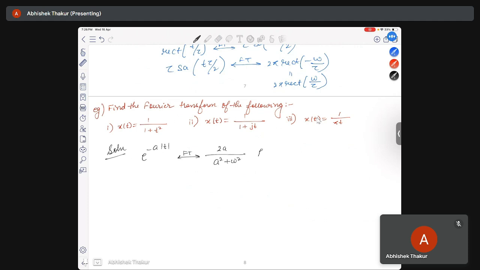And let's take a equal to 1. So in that case, e^(−|t|) will have the Fourier transform 2 by (1 + ω²).